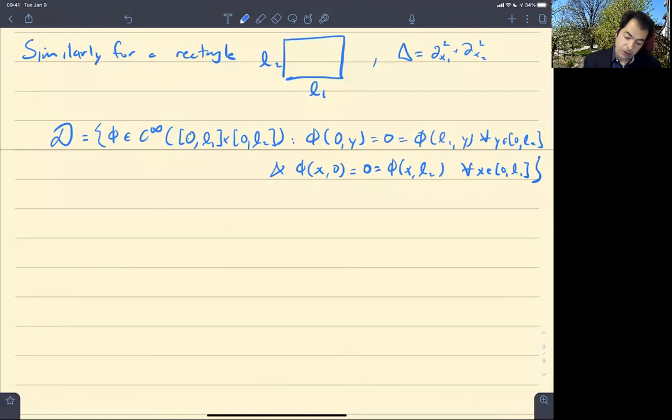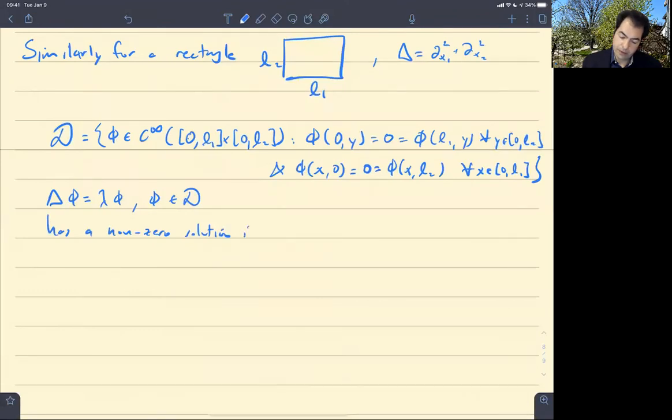Okay, and a very similar computation lets you see that Laplacian phi equal to lambda phi, with phi in this vector space, has a non-zero solution if and only if lambda is in this set.